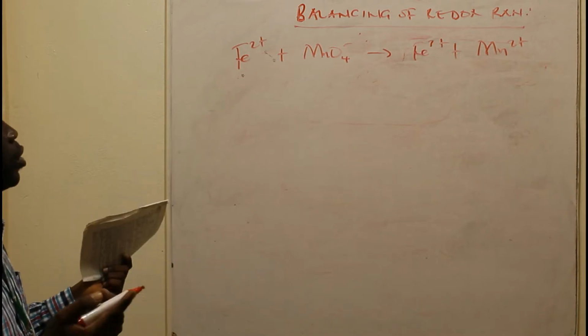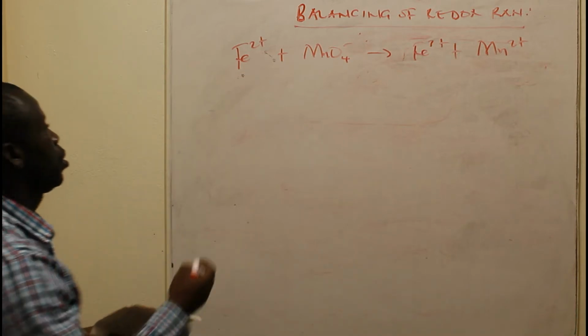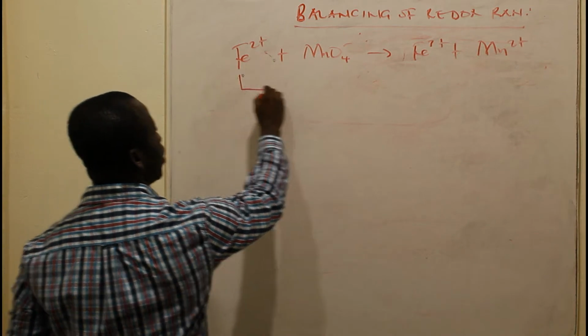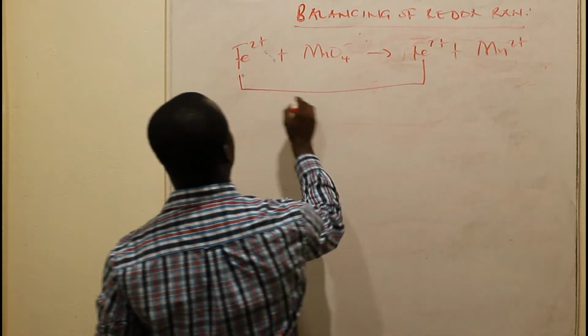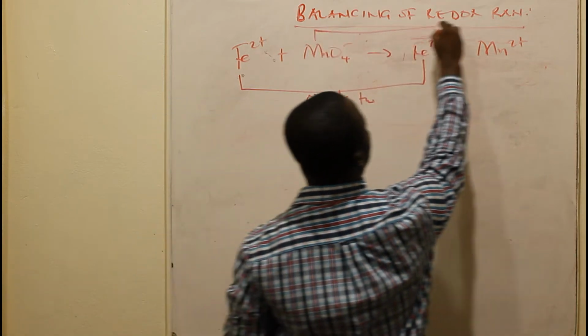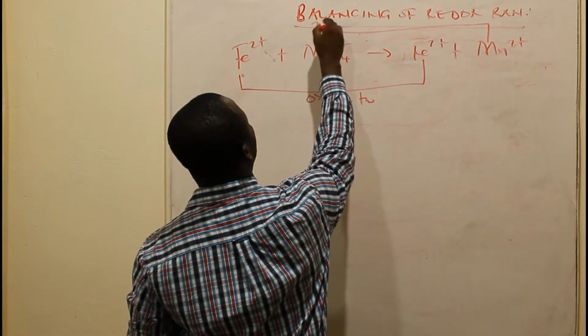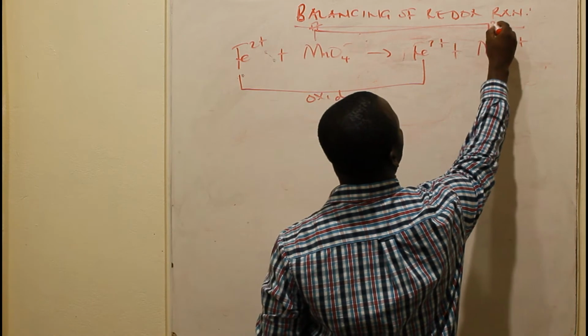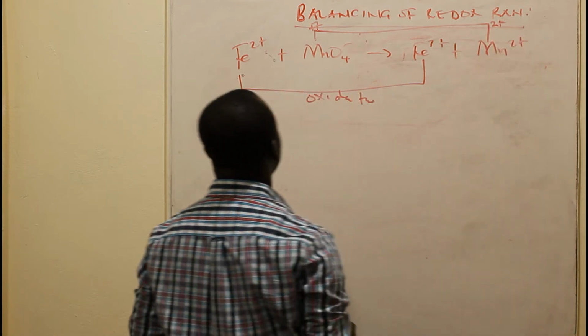So we divide the reaction into 2. Oxidation half, this is moving from +2 to +3. That is oxidation. And this one is moving from +7 to +2, reduction.